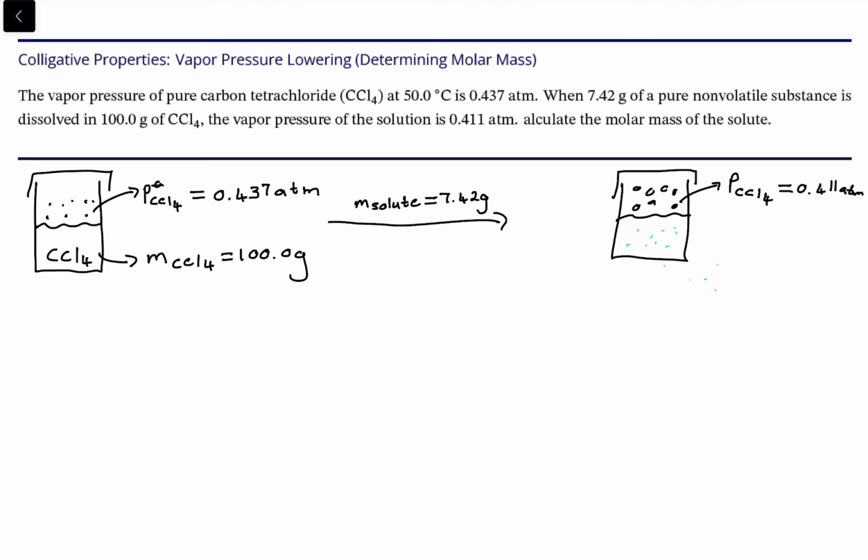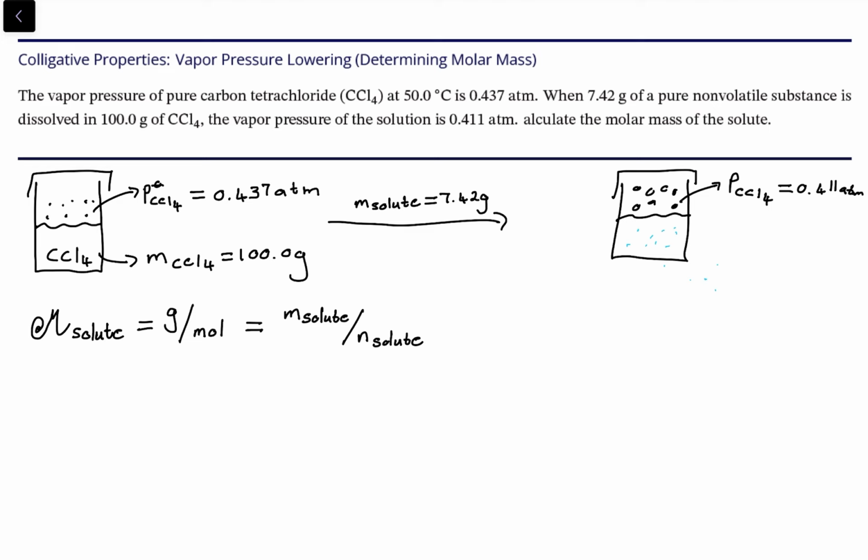That's what we're given. Then we're asked, what is the molar mass of this solute? What is a molar mass? Well, a molar mass is a gram per mole expression. So that means we need the mass of our solute, and we also need the number of mole of our solute.